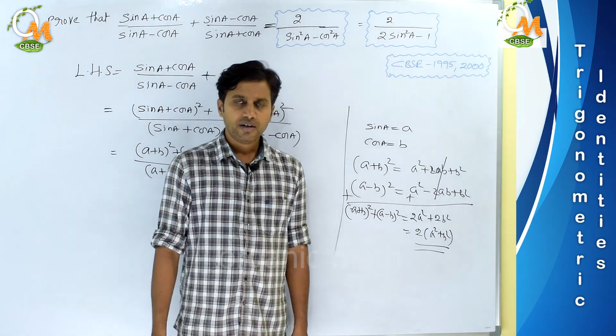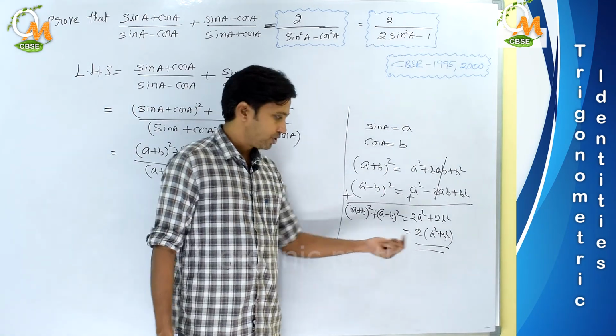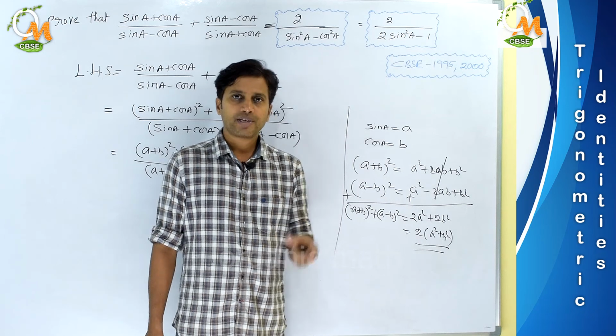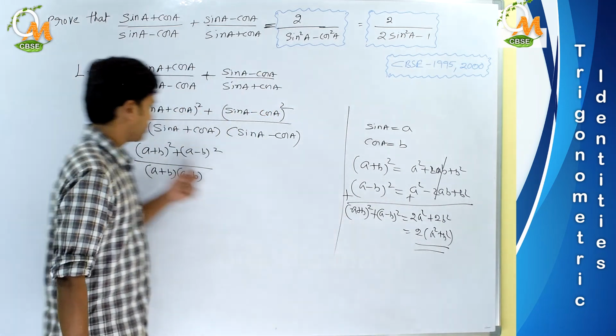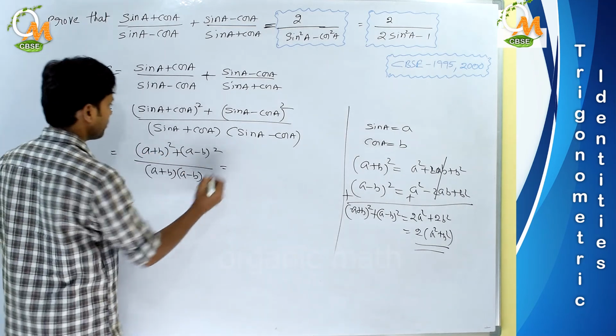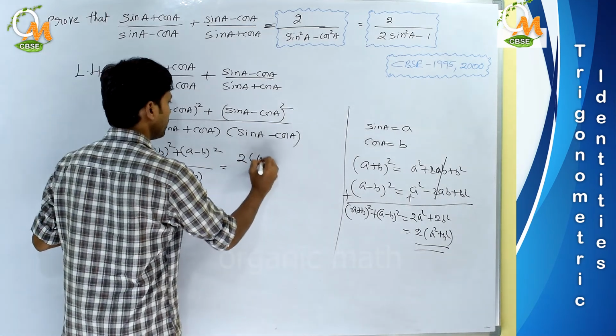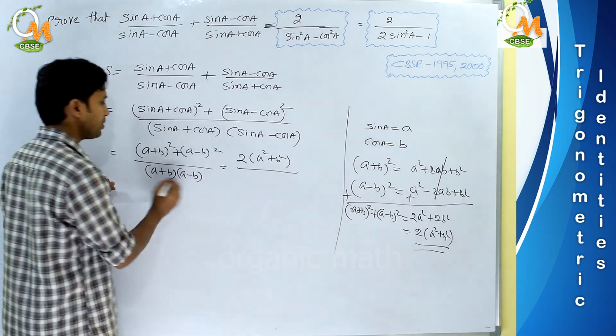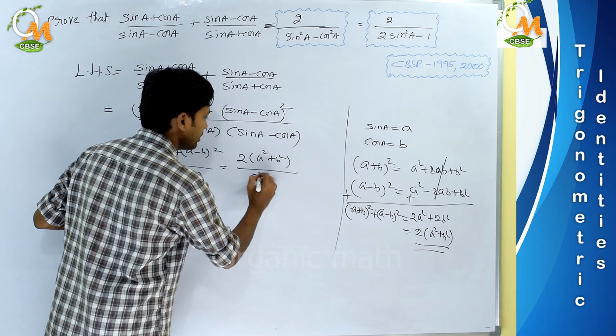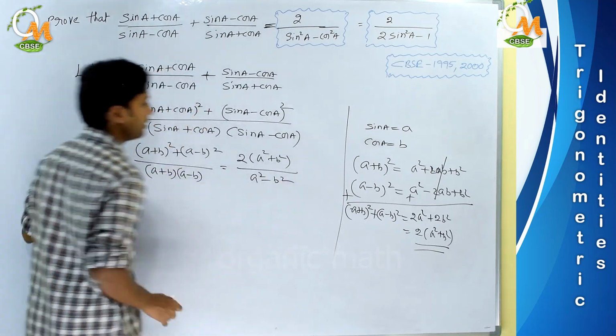In algebra, while solving many expressions, we use this: A plus B whole square plus A minus B whole square equals 2 times A square plus B square. So you can put it here. That would be 2 into A square plus B square by A plus B into A minus B, which is A square minus B square.